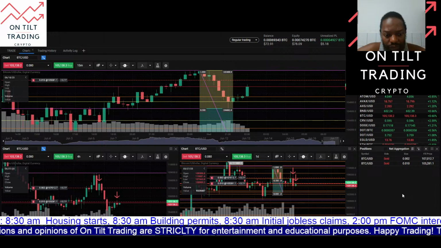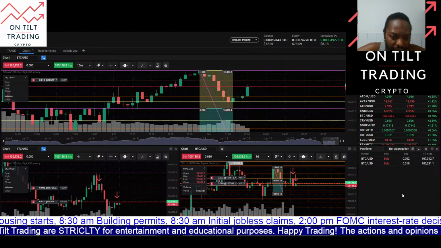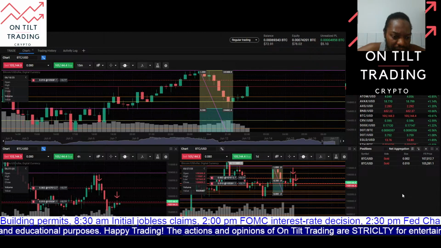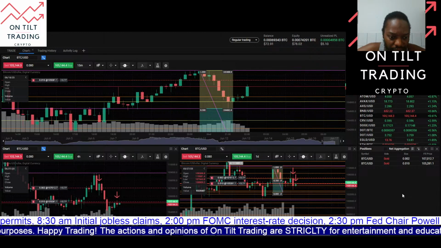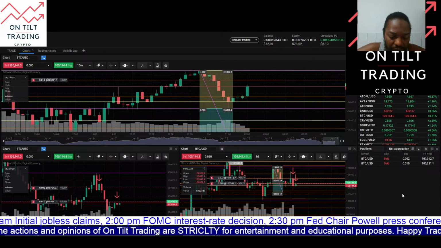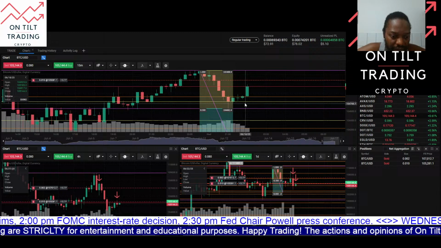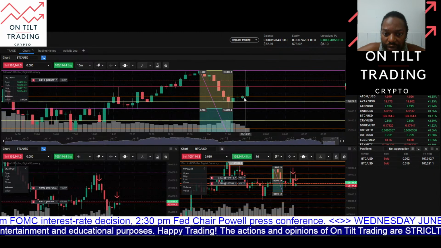So that candle will close at 6 a.m. So if that closes at 6 a.m. and sets up as a swing on the 4-hour, I'll likely take that in addition to this if this sets up earlier as well.